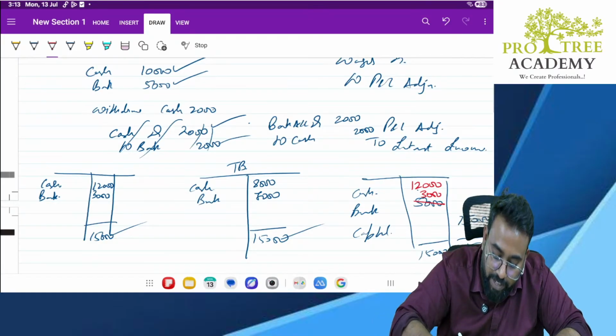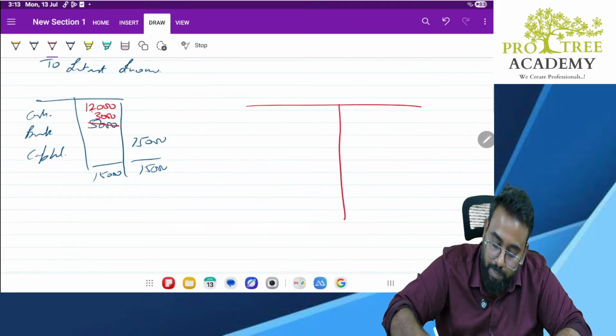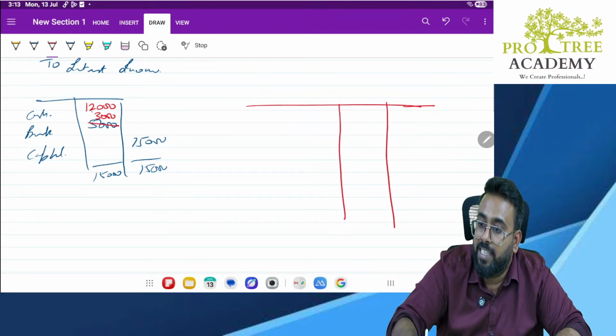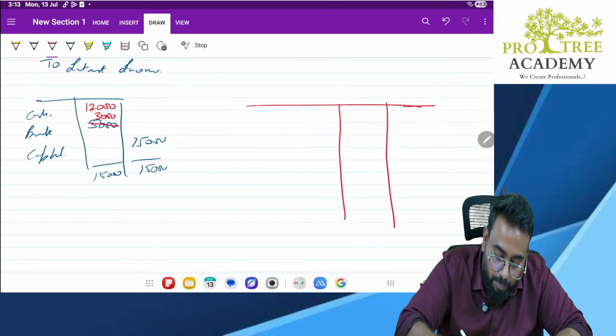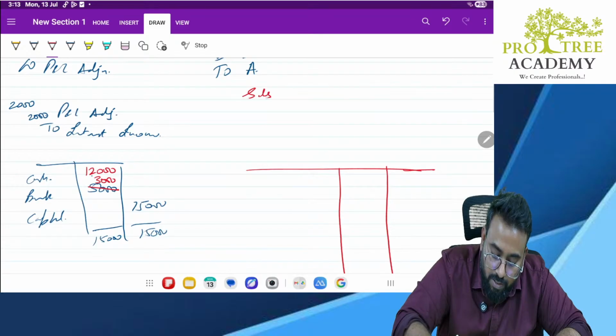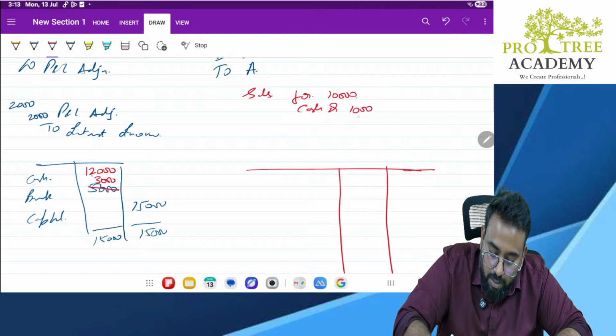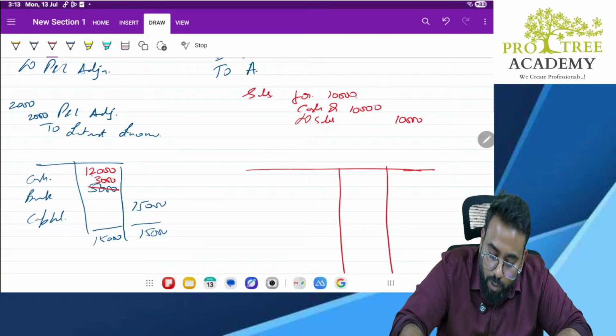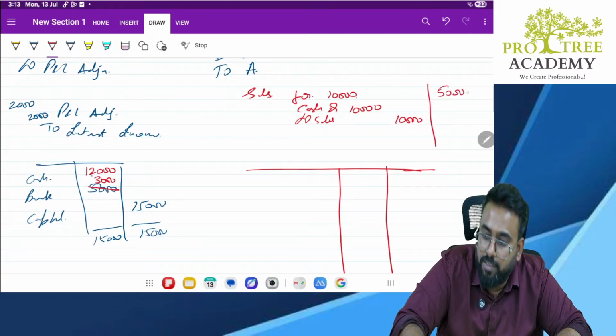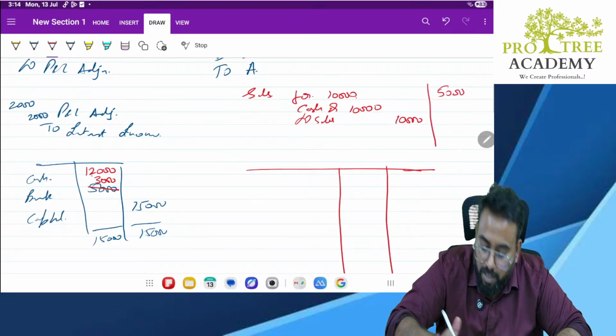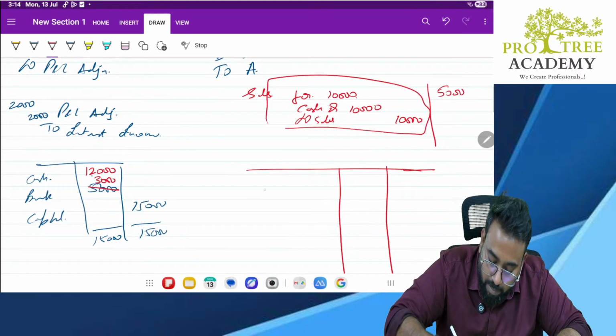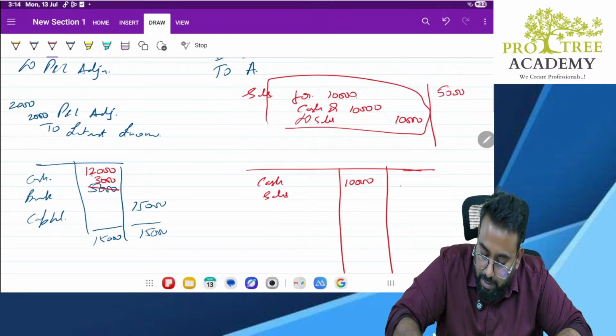Let's take one more example. We are only playing with cash and bank. Let's take cash and sales. Suppose I have done sales worth 10,000. So what is the entry? Cash account debit 10,000 to sales 10,000. Correct? I did one more sale worth 5,000, but forgot to record it. Now, how much will I show in the trial balance? Cash account 10,000, sales account 10,000.